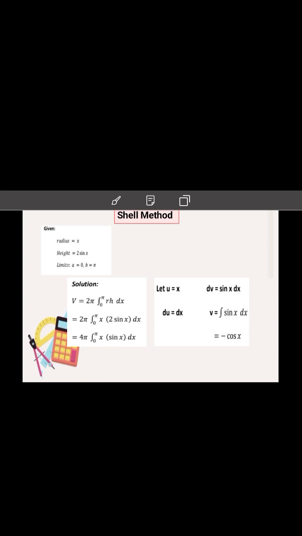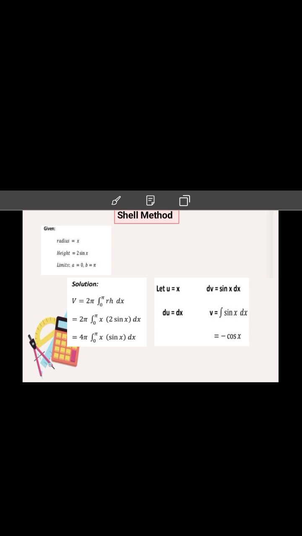Now we need to compute the integral of x sine x from 0 to pi. To solve this, we use integration by parts, which follows the rule: the integral of u dv is equal to uv minus the integral of v du.